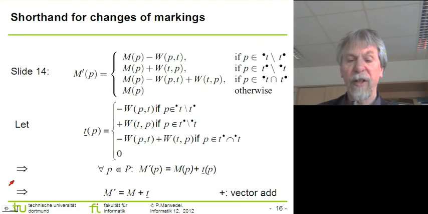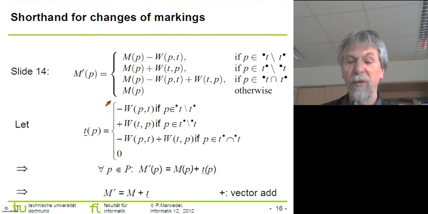Now, on the previous slide, we have just seen how the number of tokens on the places is affected by a certain transition taking place. And on this slide, I'm now trying to introduce a shorthand for this change. We saw on slide 14 that m prime can be computed from m using this equation.